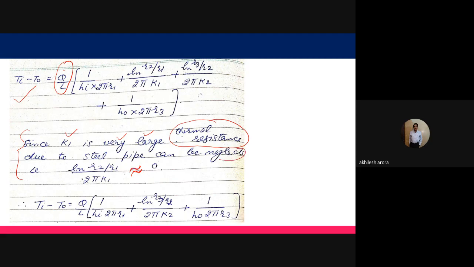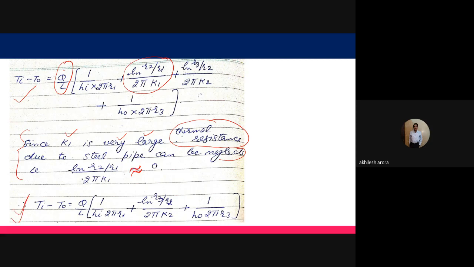Even if you do not neglect it, it will not make much difference, and the value of the heat transfer will come out nearly the same whether we consider this resistance or not. So here we have neglected this particular value.